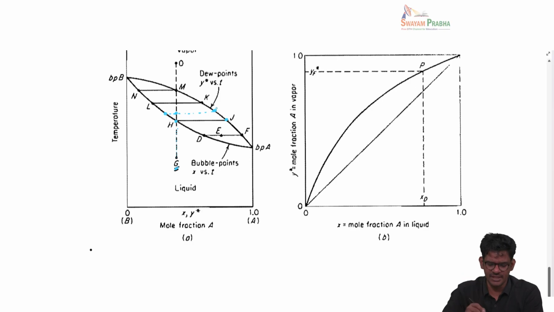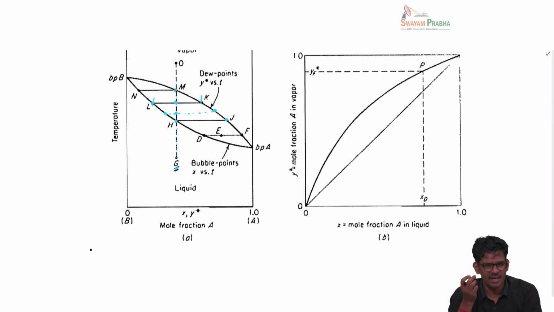If you continue the heating further, let's say you go to this point. At this point, it will phase separate into two phases, L and K, and the liquid composition corresponds to L, and the vapor composition corresponds to K. And again continue further, you reach point M. By this point M, you might have vaporized almost all the liquid.